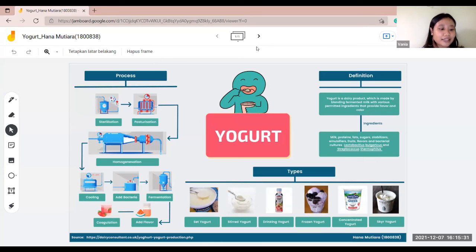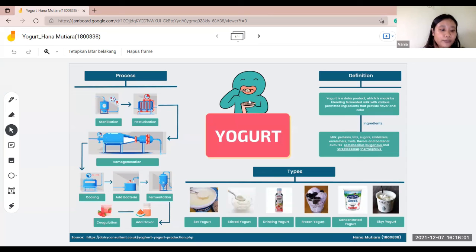The standardization process is important because the fat content of milk influences the yogurt's characteristics. And then the third one is from Rizkia. What is the function of adding emulsifier, and how much emulsifier has to be added? The answer is emulsifier is added to improve the creaminess, and only a very small percentage is added to yogurt.